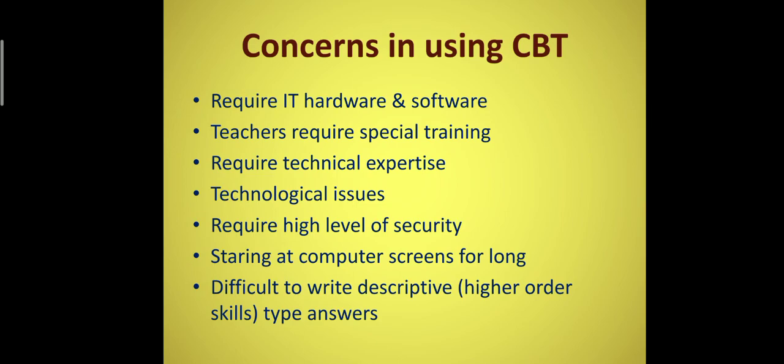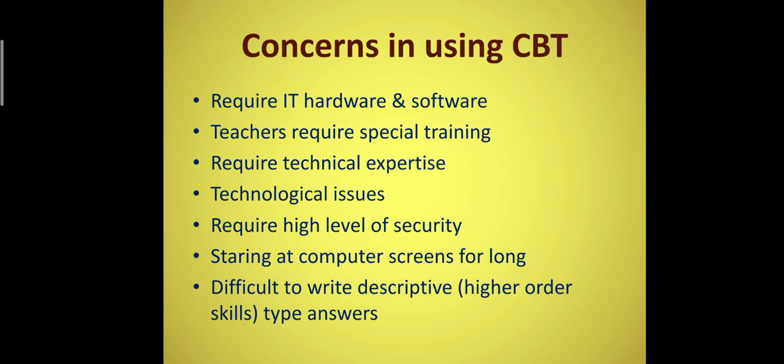Apart from this, there are many technological issues, for example, lack of electricity, then lack of availability of computers, and then there will be no network, there will be no internet kind of things. There are many issues like that. So all these are under technological issues.